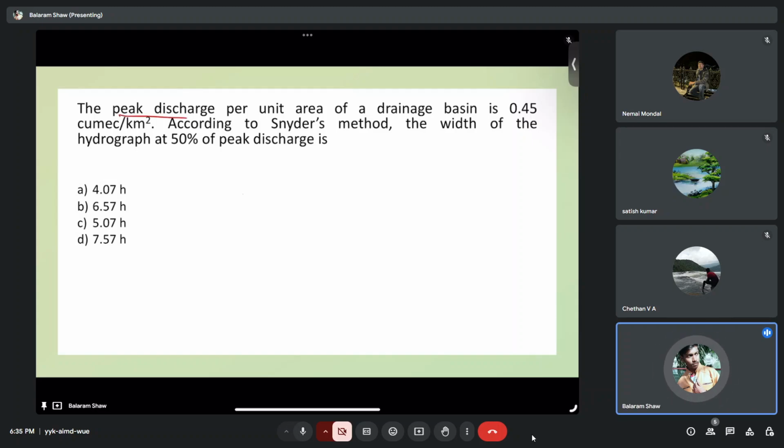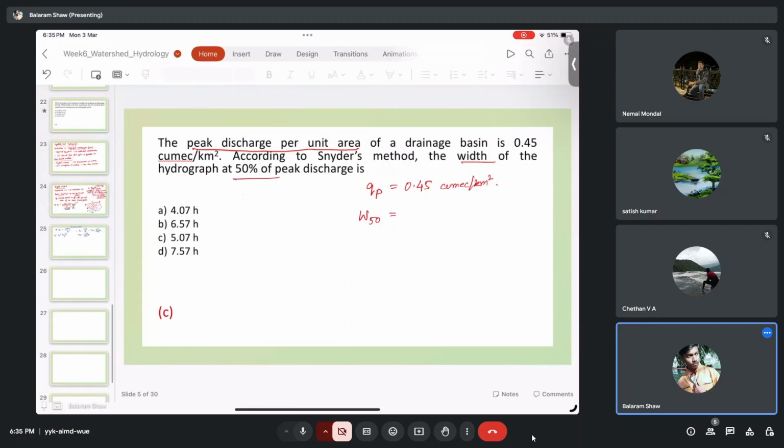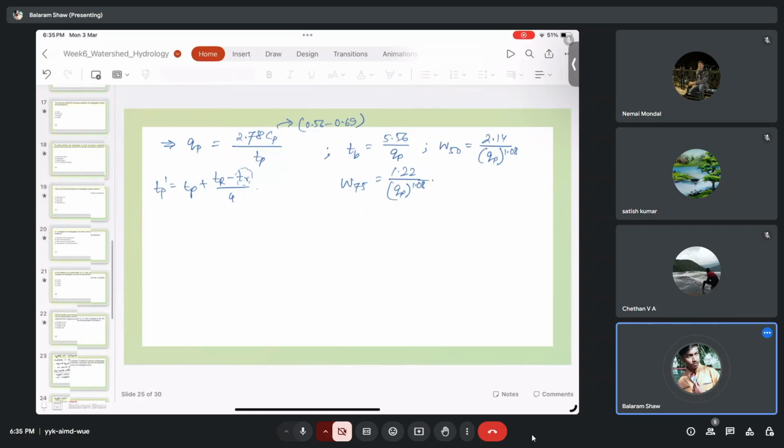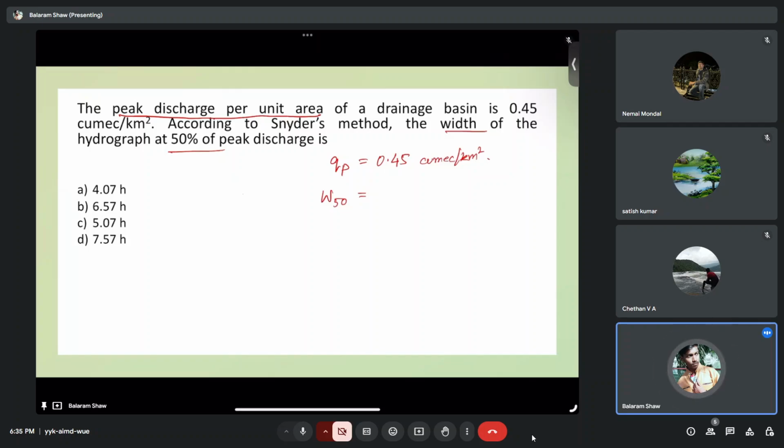So what is given? The peak discharge per unit area is given for a drainage basin. We have seen that Qp that we have denoted is the peak discharge per unit area of the basin, that is, here it is 0.45 cubic meters per second per square kilometer. We need the width of the hydrograph at 50% of the peak discharge, so we need W50, right? What was the formula again? W50 equals 2.14 Qp to the power minus 1.08, that is equal to 2.14 divided by 0.45 to the power 1.08.